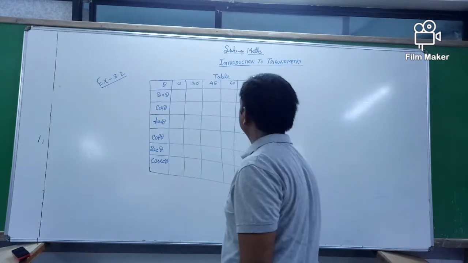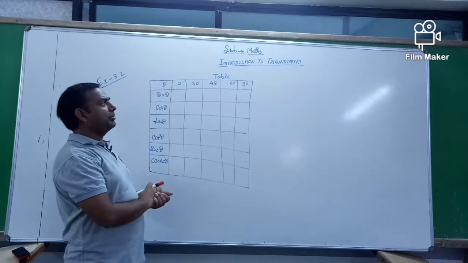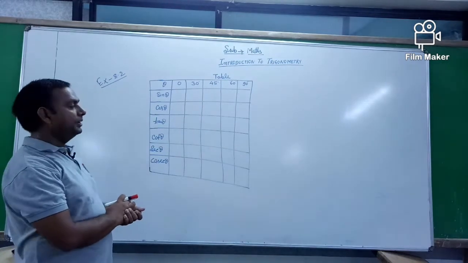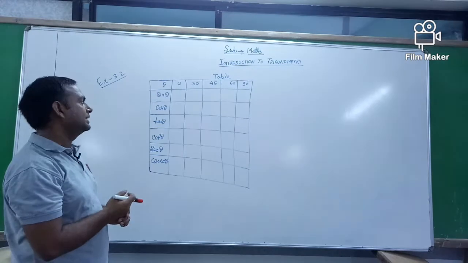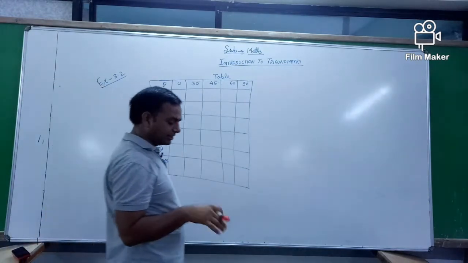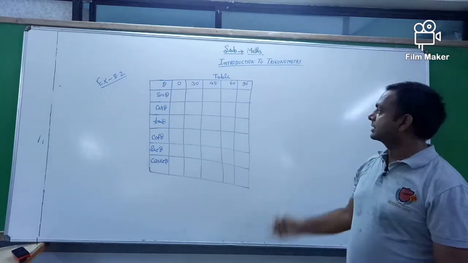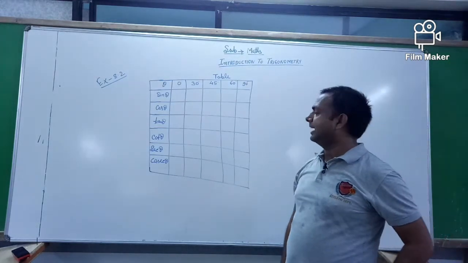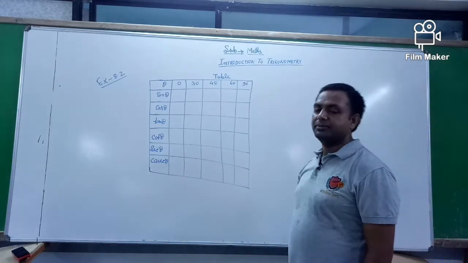In the chapter Introduction to Trigonometry, today we are going to discuss the table. It means the values of sine 0 degree, sine 30 degree, sine 45 degree, sine 60 degree and 90 degree, that is, the various sine, cos, tan, cot, sec, cosec values for everything.